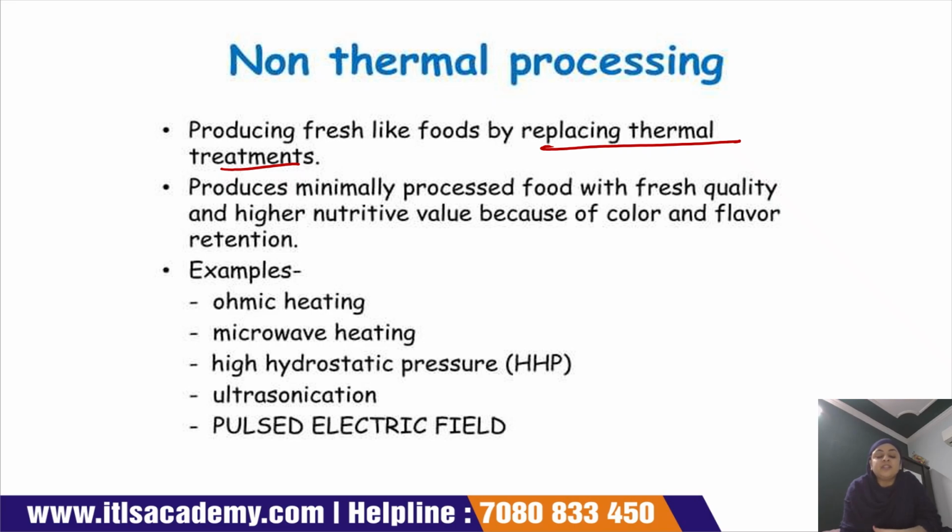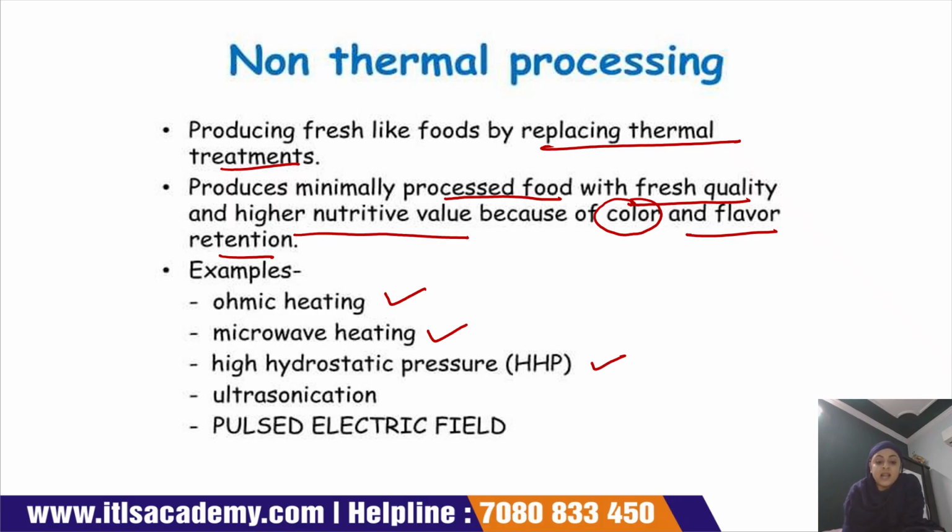It produces minimally processed food with fresh quality and higher nutritive value because of color and flavor retention. Examples of non-thermal processing are ohmic heating, microwave heating, high hydrostatic pressure, ultrasonication, and pulsed electric field.